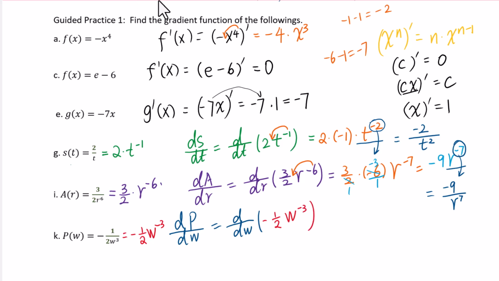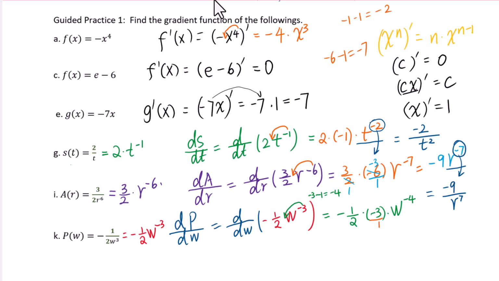Drop down exponents, then this exponent minus 1. Negative 3 minus 1 equals negative 4 equals negative 1 half times negative 3 times w to the power of negative 4.